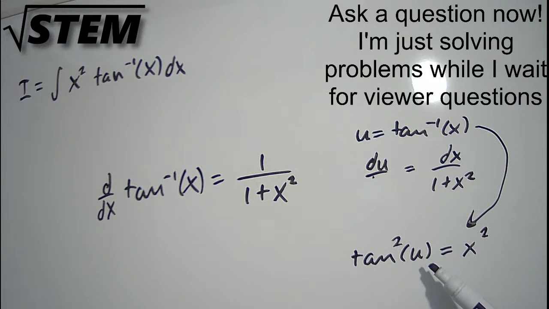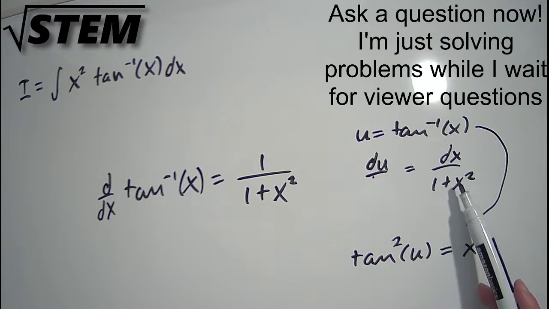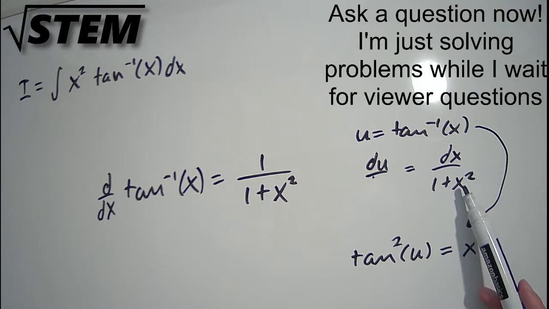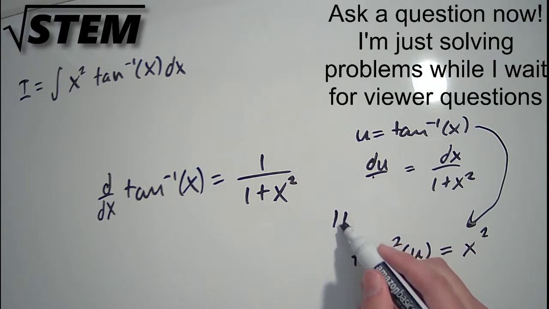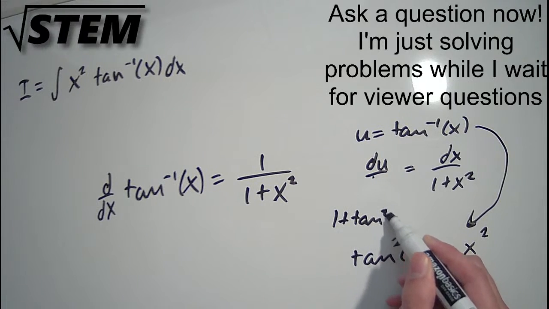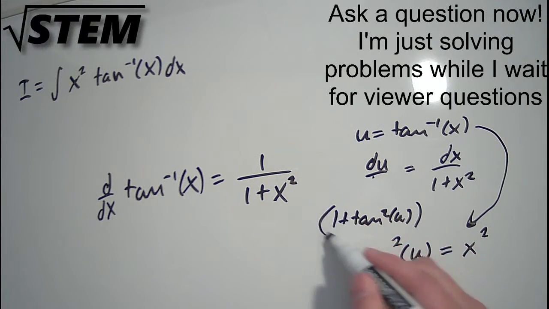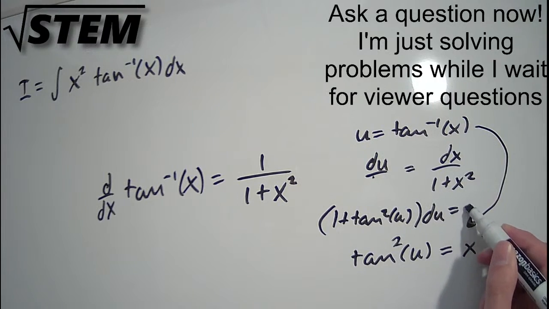And if x squared is equal to tangent squared, then dx would be 1 plus tangent squared of u times du.